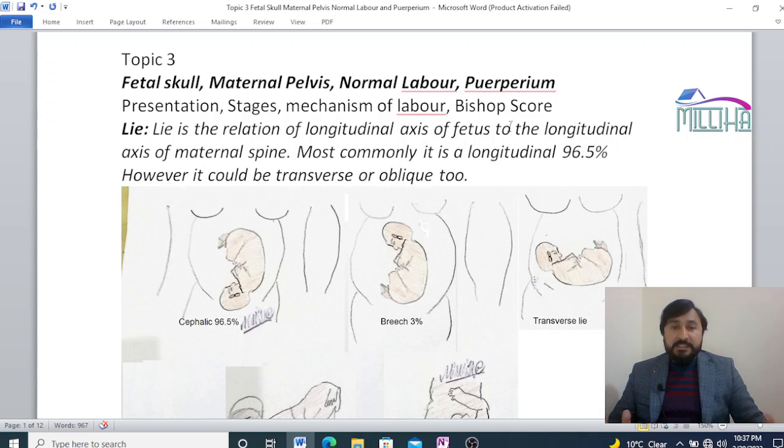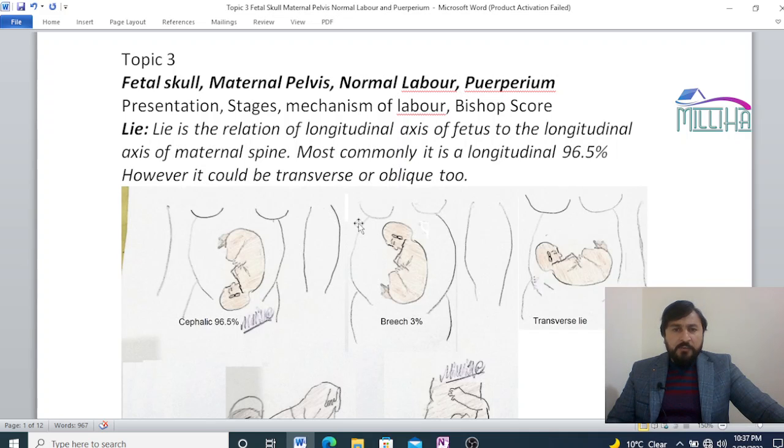Why we need these things is because we are going to decide, as doctors or as gynecologists, obstetricians, whether the delivery of a child should be vaginal or medically induced vaginal, or it should be surgical, for example, you have to do a cesarean section. To make that decision, these parameters will help you in your future practice. So let's start.